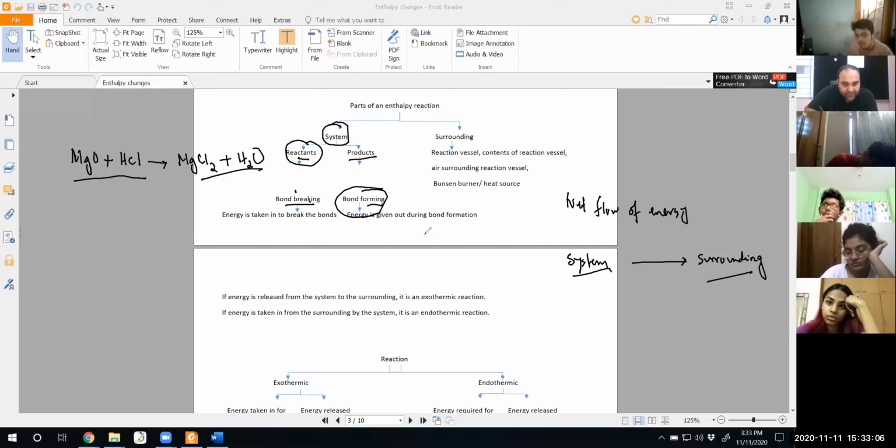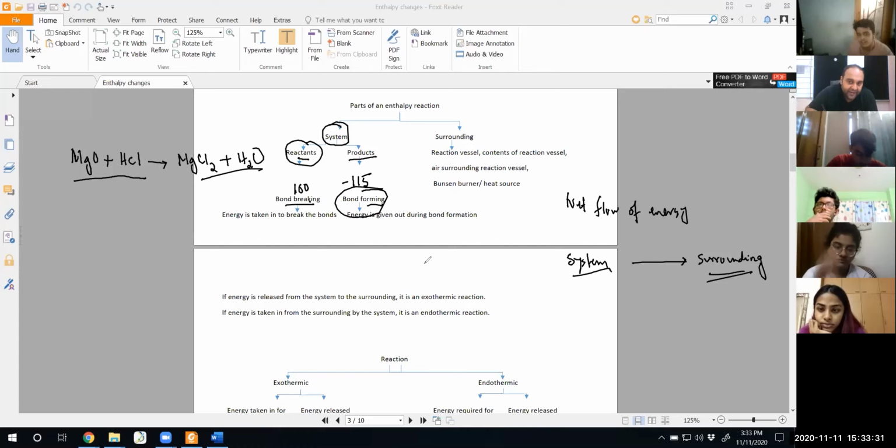So an exothermic reaction is always where the energy needed to break the bonds is less than the energy released during bond formation. So net, it has a surplus of energy which is then given out to the surrounding, and this is known as an exothermic reaction.